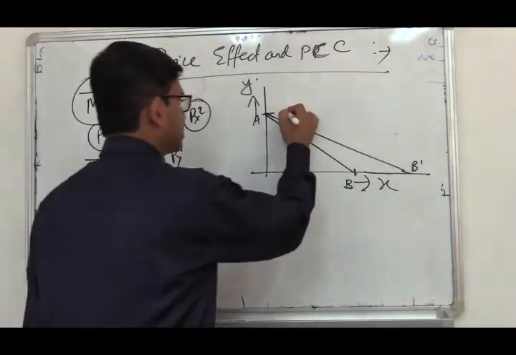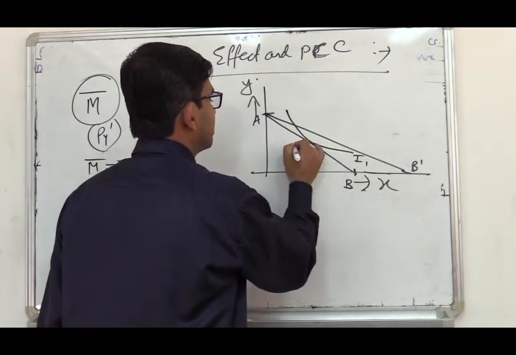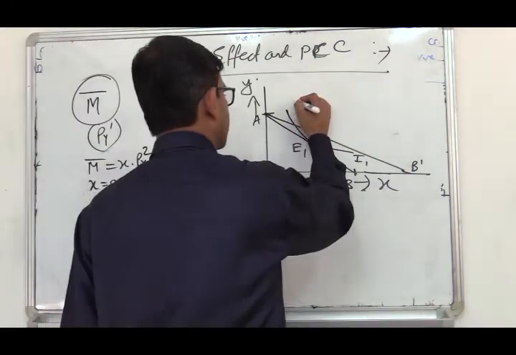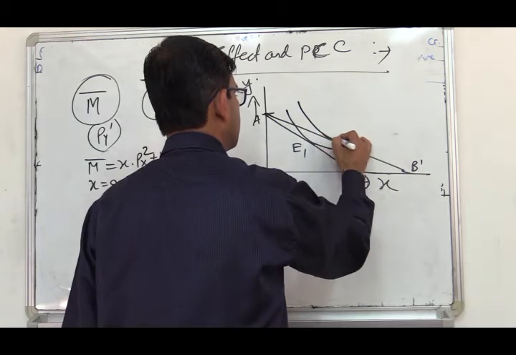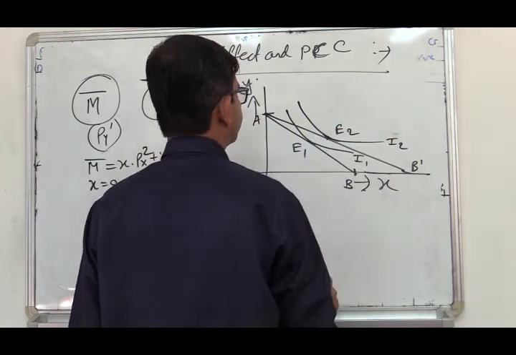Let us consider the initial equilibrium was point E1 on indifference curve I1, and here we get a new equilibrium point on indifference curve I2, that is E2.